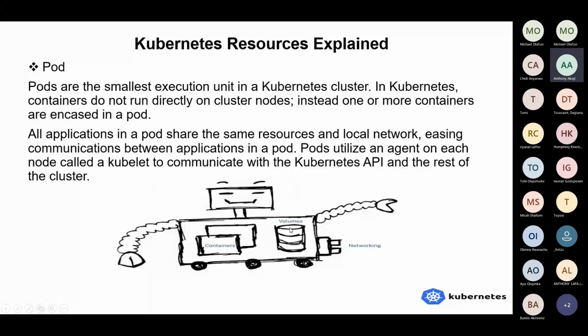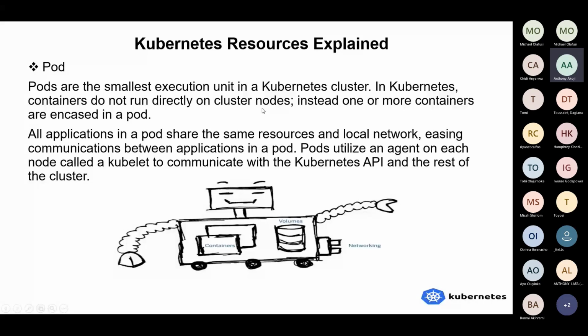Next, we have pods, and pods are the smallest execution units in a Kubernetes cluster. Please don't mind my drawings or the figure you see here. It's just an explanation of what we were talking about. In Kubernetes, containers do not run directly on cluster nodes. You cannot just carry a container and say, you have to run on this node.